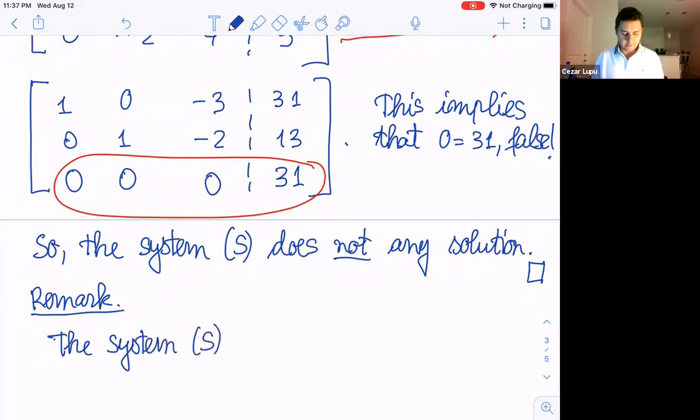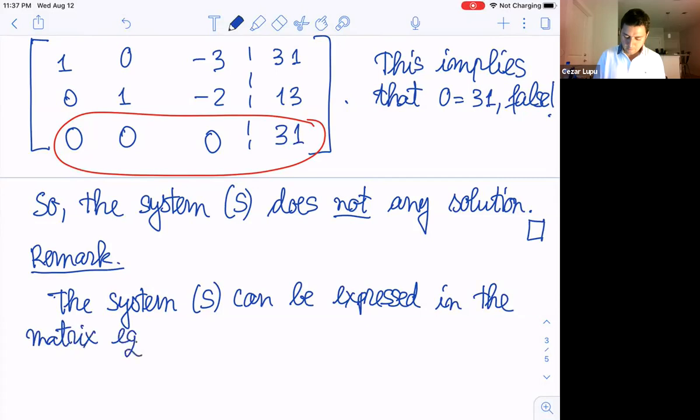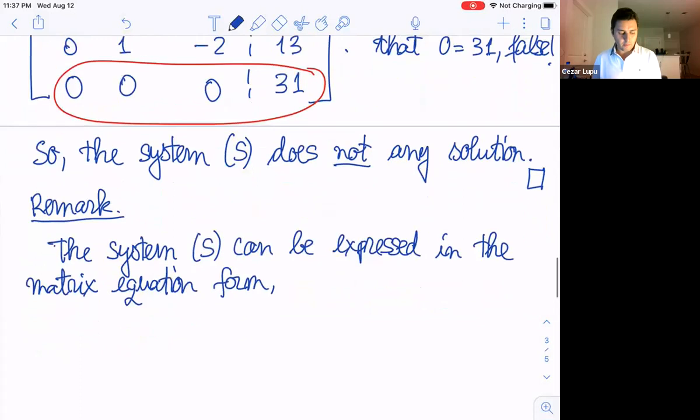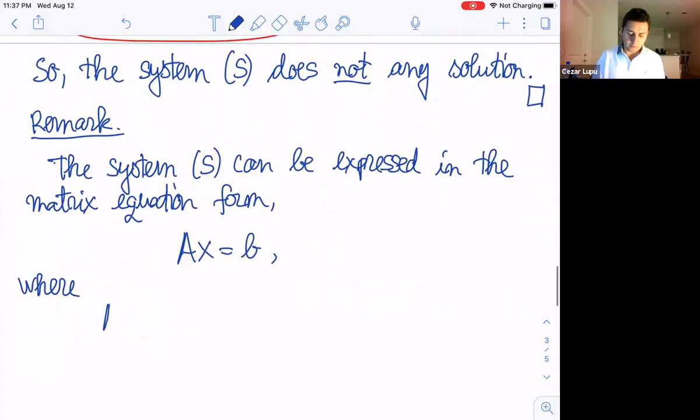can be expressed in the matrix equation form. Remember that this matrix equation form was AX equals B, where A will be, of course, the coefficient matrix, which will be 2, negative 5, 4.